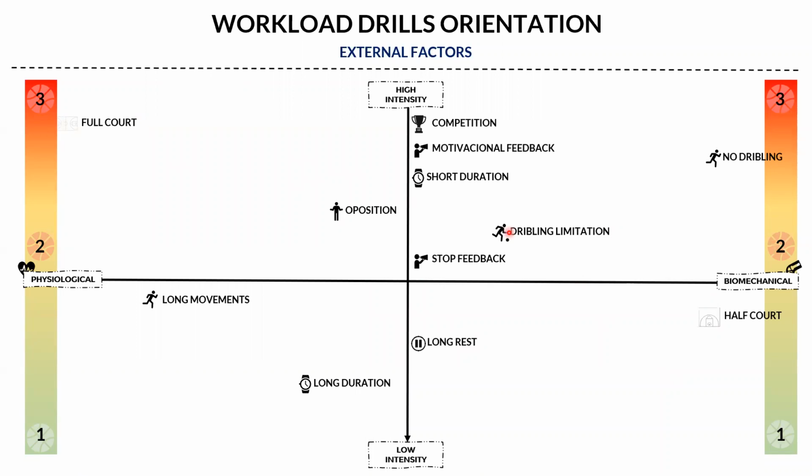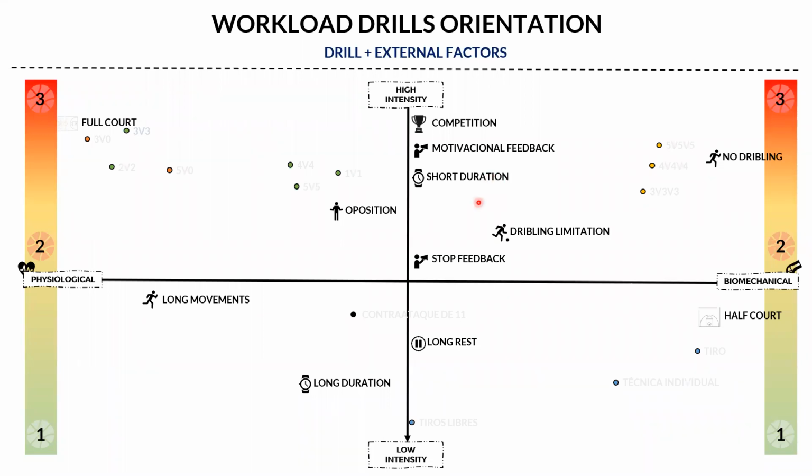But we have to take into account that there are different external factors that can modify the physical orientation. It's not the same, for example, an exercise on full court than half court, or an exercise with the presence or absence of the coach. So depending on the physical orientation that we want for the training session, we should take all these factors into consideration.